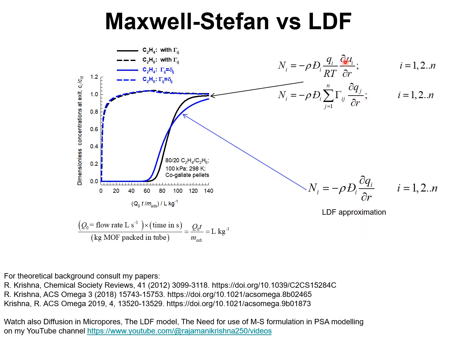A simplified form of the intracrystalline diffusional flux is to adopt the Fickian formulation, as is done in the LDF approximation, where the thermodynamic correction factors are ignored, and we assert that the fluxes are proportional to the gradients in the molar loadings via the intracrystalline diffusion coefficients D sub i.